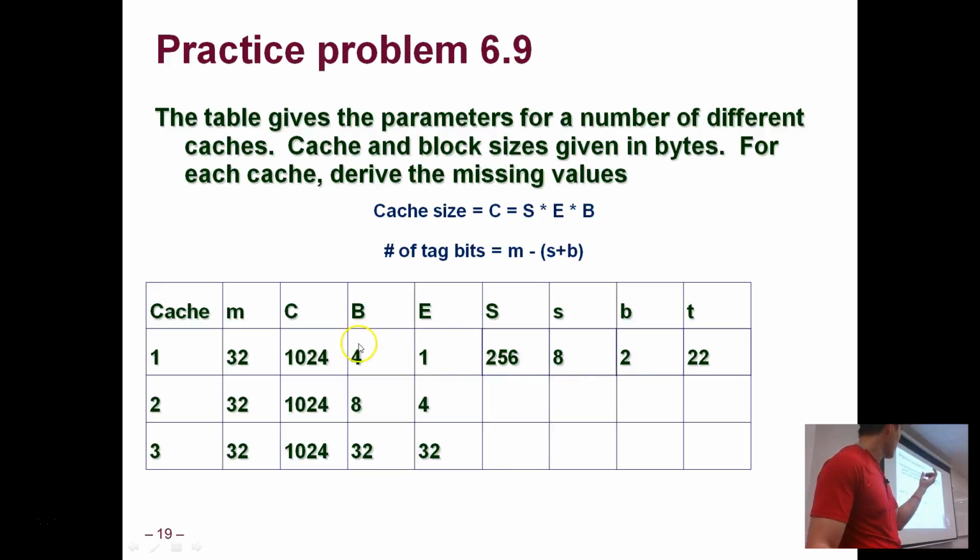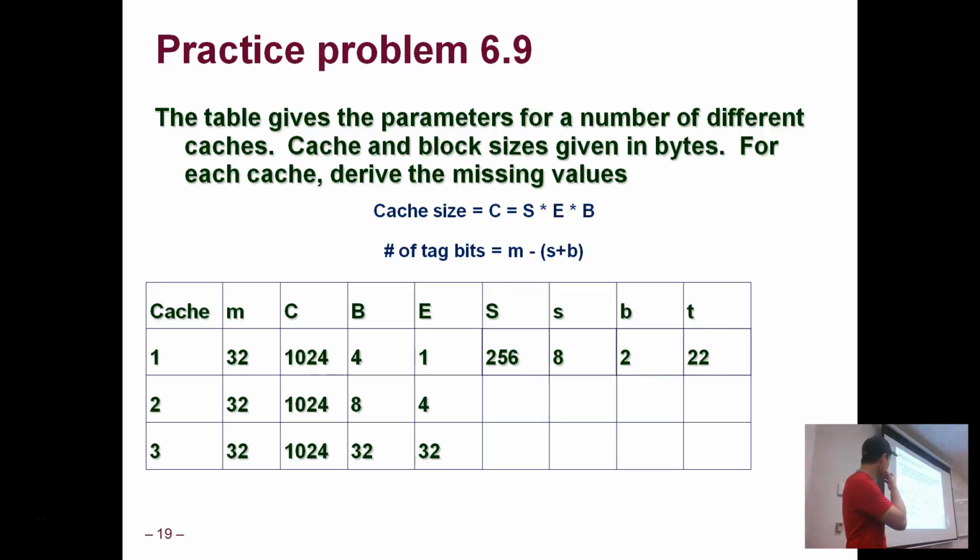And then because the number of bytes in a block is 4, I need 2 bits to say which byte am I looking for in the block that gets returned. The number of tag bits, which is at the end, is basically m minus the bits used for the set and the block offset. So this is 32 minus 10, which is 22.